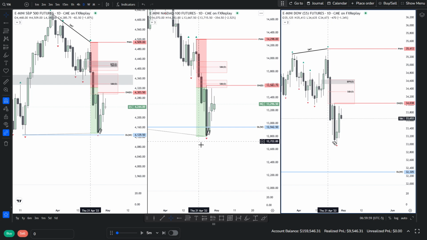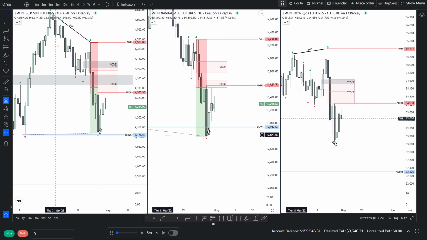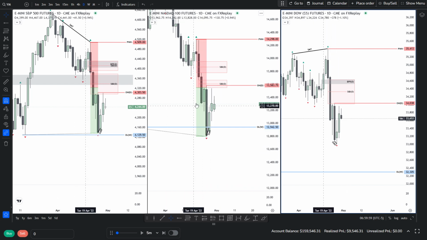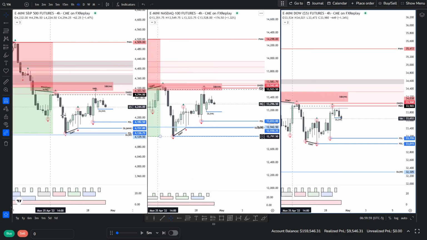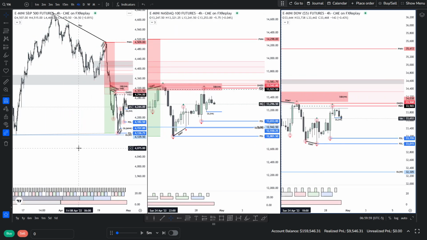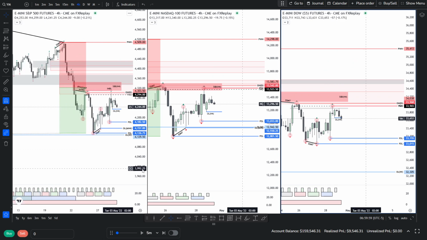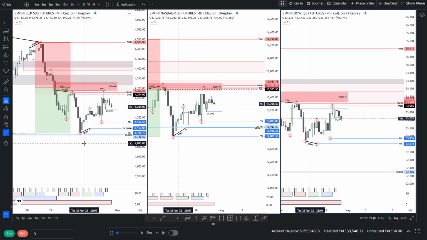Now I do believe that maybe this low wants to be revisited despite the cracking correlation.